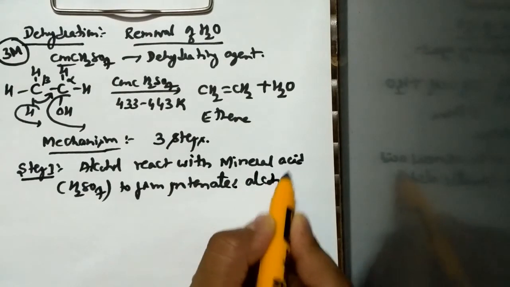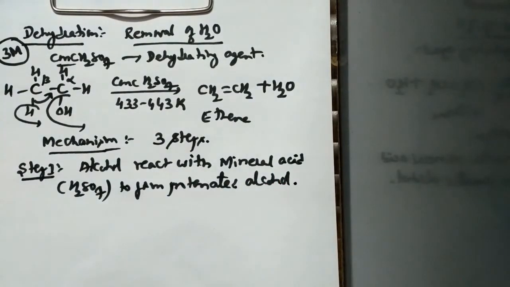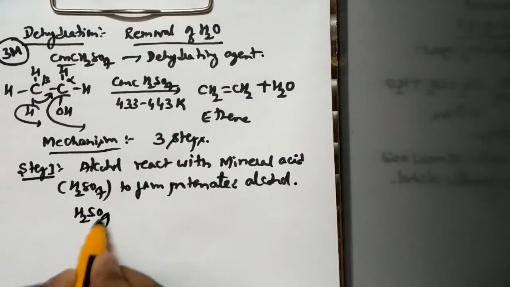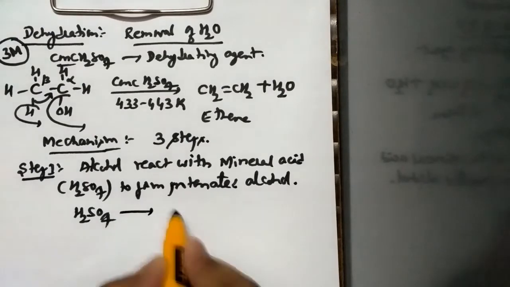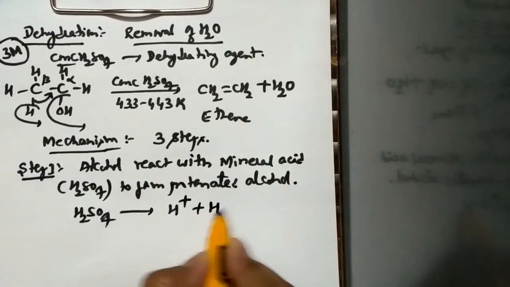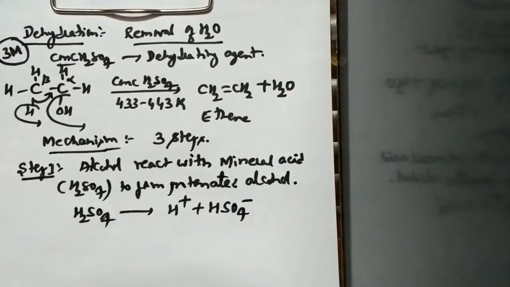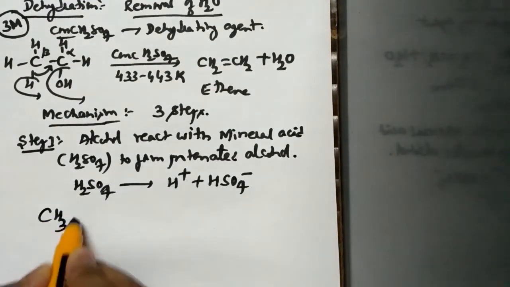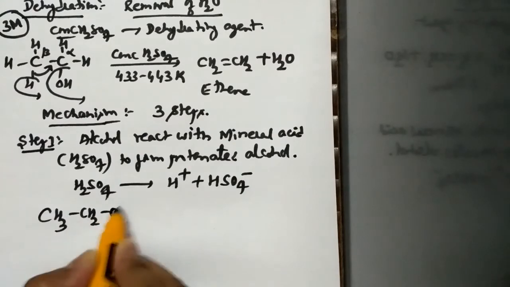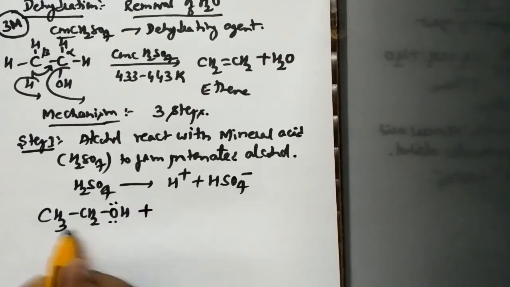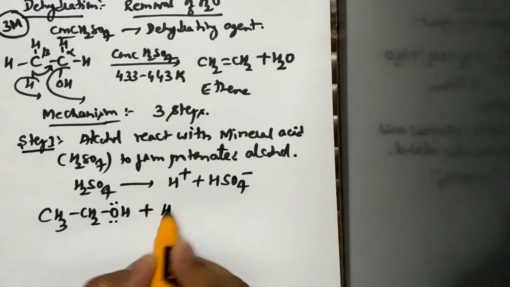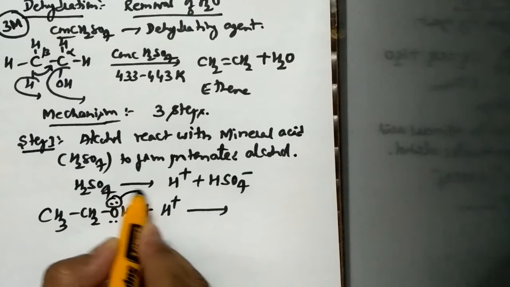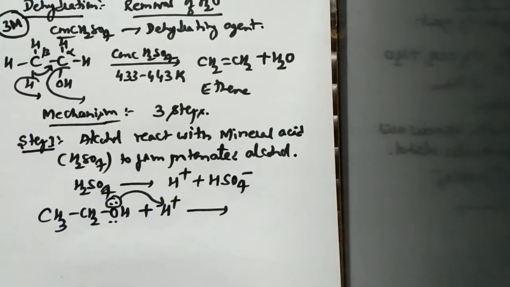This first step is a fast step. How to explain this? In the reaction, sulfuric acid ionizes to form H plus as well as HSO4 minus. The ethyl alcohol is written as CH3CH2OH. This ethyl alcohol combines with the proton of sulfuric acid, where one lone pair of electrons is transferred to the proton.